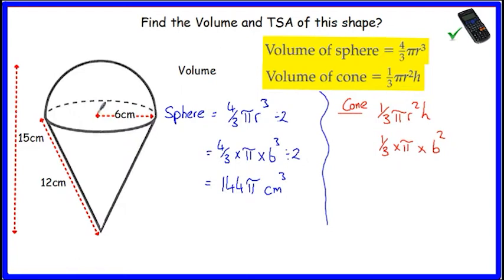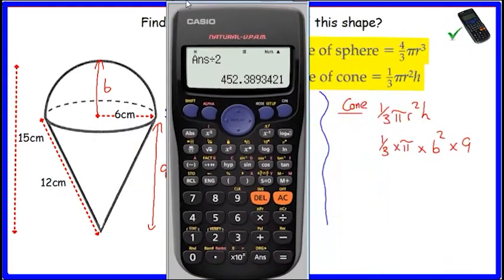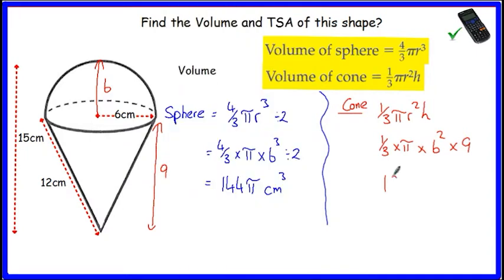The radius here is 6, which means I've got 15, leaves me with 9 as the height that's left over, so 9 would be there. I've put that in. And 8 pi centimeters cubed.